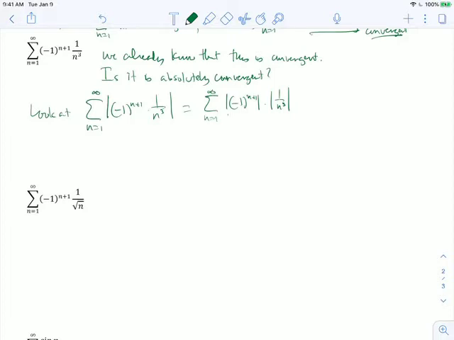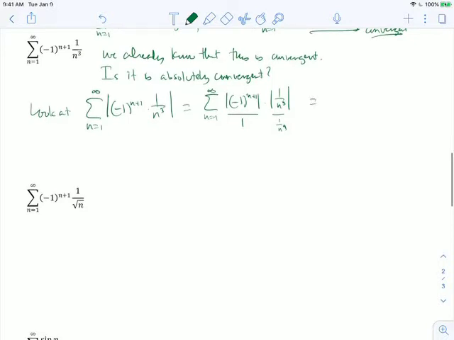And we want to recognize that this right here is just 1. If I take negative 1 and take the absolute value of it, I get 1. If I take the absolute value of 1, I get 1. So no matter whether this is negative 1 or positive 1, that's 1. And this is just 1 over n cubed because n is a positive number. So the absolute value of a positive expression is just that expression.